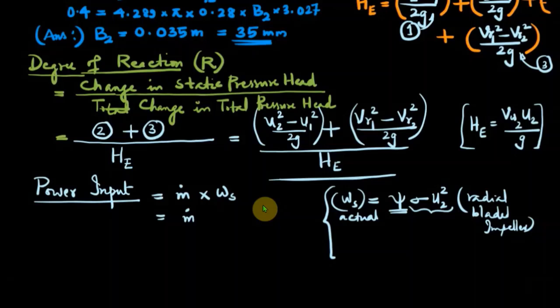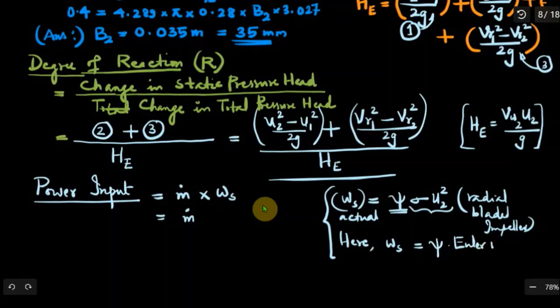Remember here we will use WS as the ideal case. So psi can of course be there, then the Euler work. So this is Euler work done. How do you write that? You can write psi into Euler work.